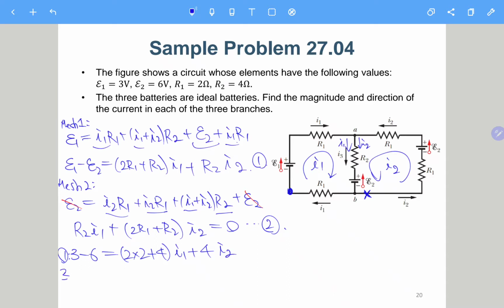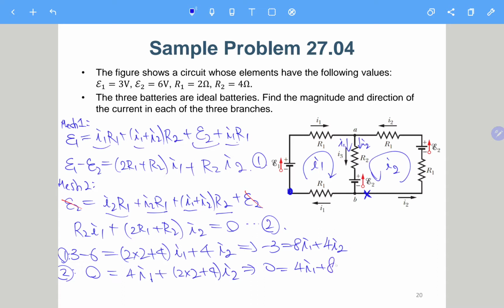And then for equation 2, we have 0 equals 4I1 plus 2 times 2 plus 4I2. So this is nothing but negative 3 equals 8I1 plus 4I2. And then here we have 0 equals 4I1 plus 8I2.